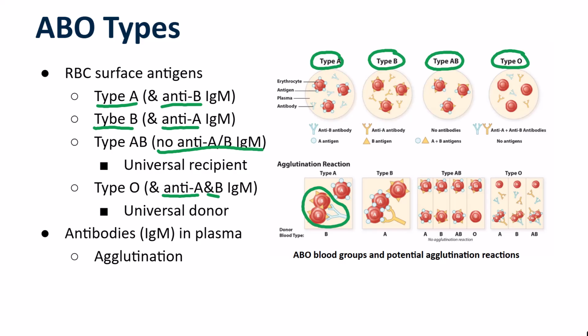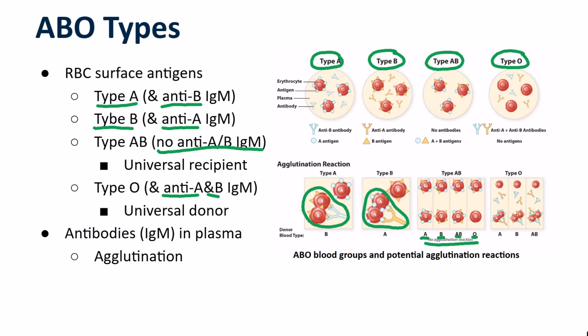Likewise, someone who is type B, if they receive blood from someone who is type A, will also have an agglutination response. Someone who is type AB can receive blood from someone who is A, B, AB, or O with no agglutination.